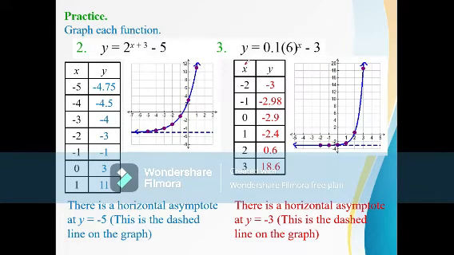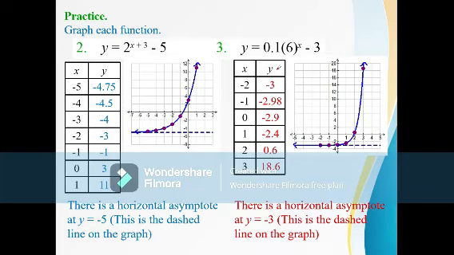So, we have an exponential function, y is equal to 0.1 times 6 to the power of x minus 3. We have the values of x in the first column, and the values of y in the second column. The given values of x are negative 2, negative 1, 0, 1, 2, and 3.